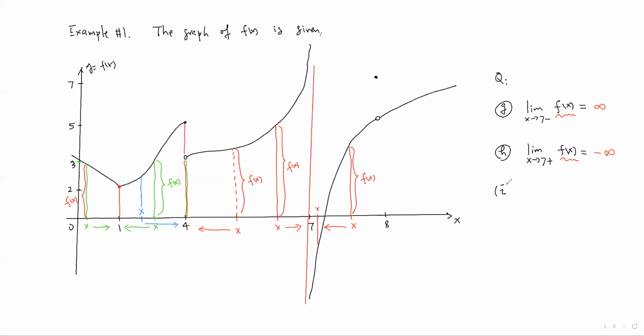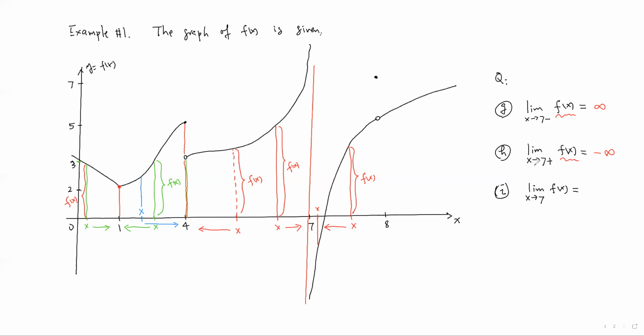I. Okay, I. How about the both sided limit? x approaches 7. Now this time, this is a both sided limit. x approaches 7 can be from the left, can be from the right. From part G, when we let x approach 7 from the left, the function approaches positive infinity.